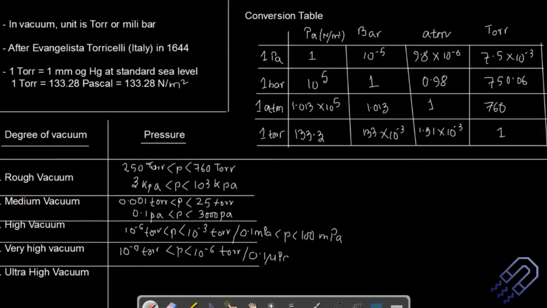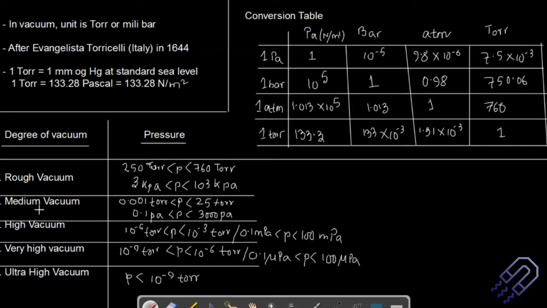If you have greater vacuum, your experimental setup or whatever task you have based on vacuum will be better, but it comes at a cost. Higher the vacuum, more is the cost for the setup. Okay, this is 100 pascal. And finally, quite obviously, this should be less than 10 to the power minus 9 torr.